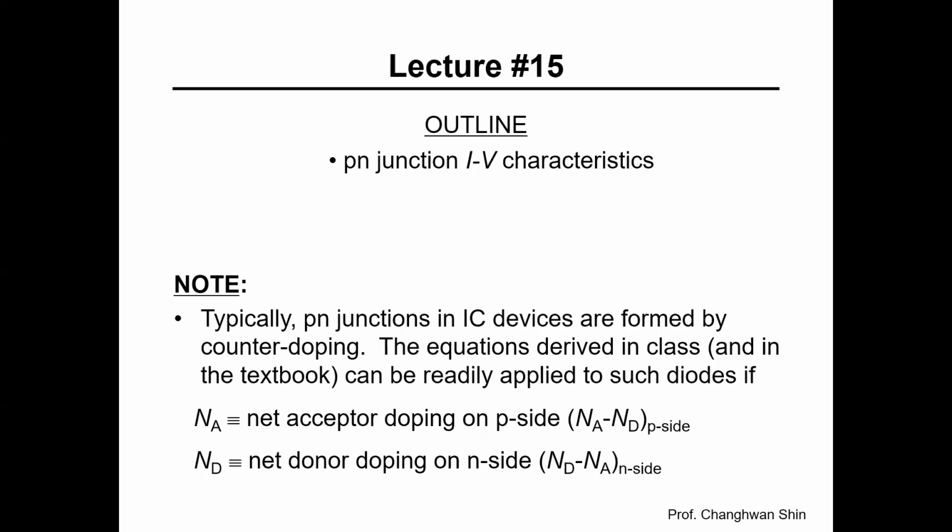NA represents NA minus ND on the p side, the excess of acceptors over donors, and ND represents ND minus NA on the n side, the excess of donors over acceptors. This distinction becomes important in advanced device design where precise control of the doping profile is critical.